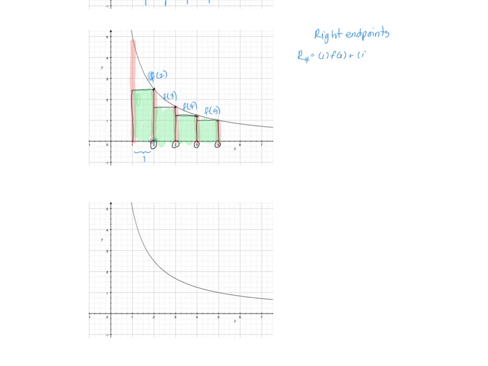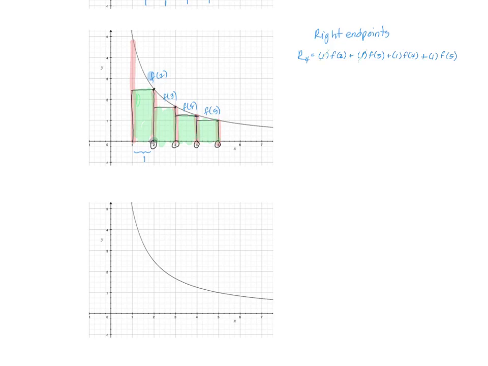Oops, sorry, this should be a 2, my bad. And then the next one would be the base, or the length times the width, plus 1 times f of 4, plus 1 times f of 5. So those are the areas of my 4 rectangles.